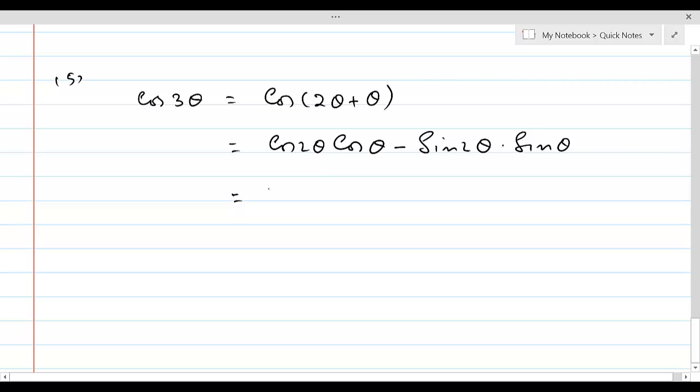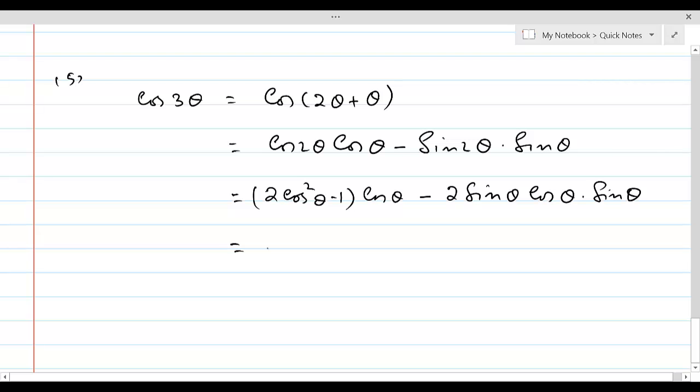So here we have 2 cos square theta minus 1 into cos theta minus 2 sin theta cos theta into sin theta.